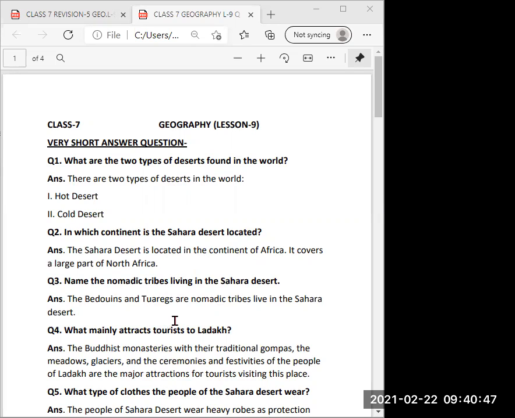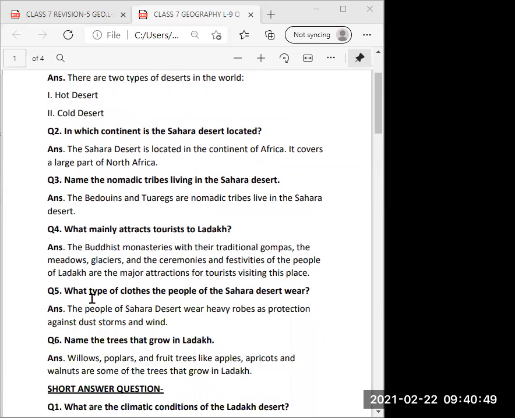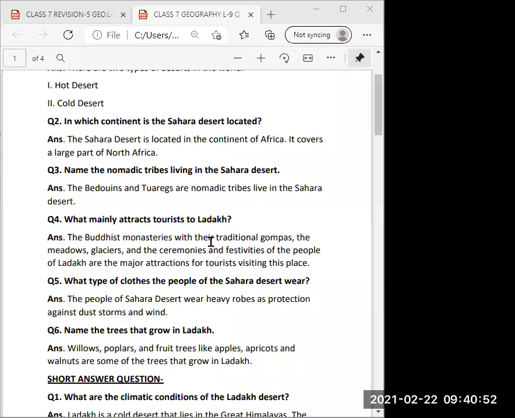Tuaregs. Next is, what mainly attracts tourists to Ladakh? Ladakh is a tourist place. What mostly attracts the tourist people in Ladakh? Repeat after me. The Buddhist monasteries. What are monasteries?